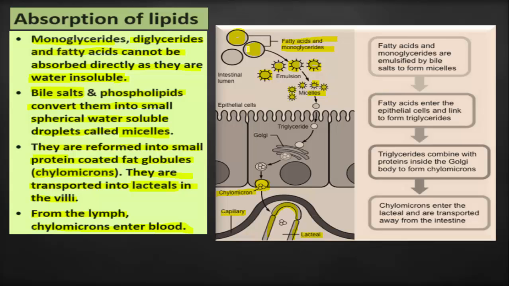This is how fat is absorbed in the small intestine. Particularly the lacteals of the villi are involved in the absorption of fat. From the lacteals only, the chylomicron finally enters from lymph into the blood vessel.